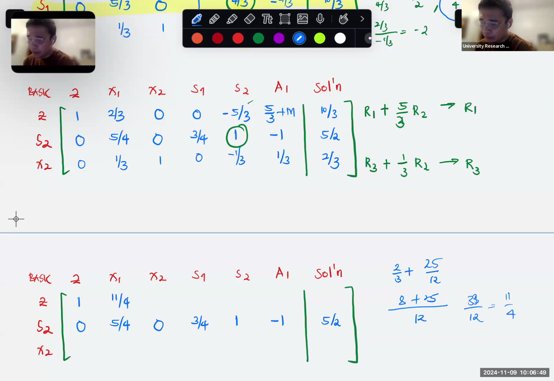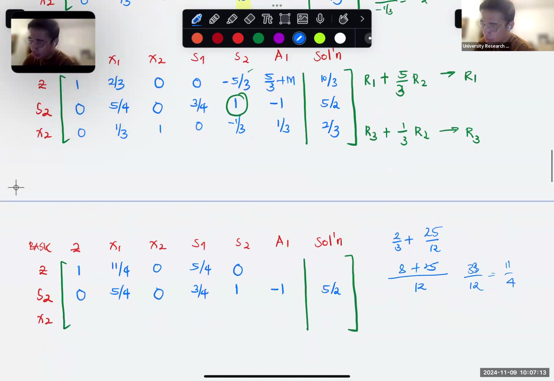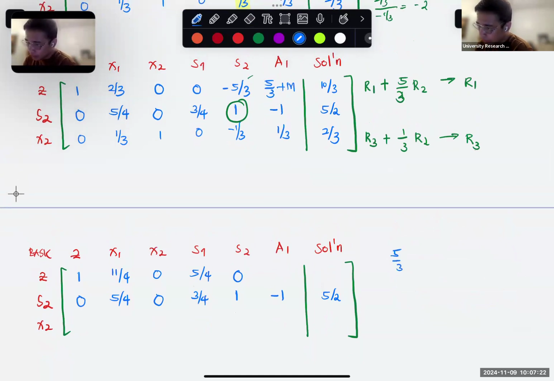So we have 11 over 4. Because we have 0 plus 0 is 0. So 0 plus 5 over 3 times 3/4, that is 5 over 4. Plus negative 5 over 3 plus 5 over 3 times 1, that will become 0. And then the next one, 5 over 3 plus m, so plus 5 over 3 times negative 1, or just minus 5 over 3.